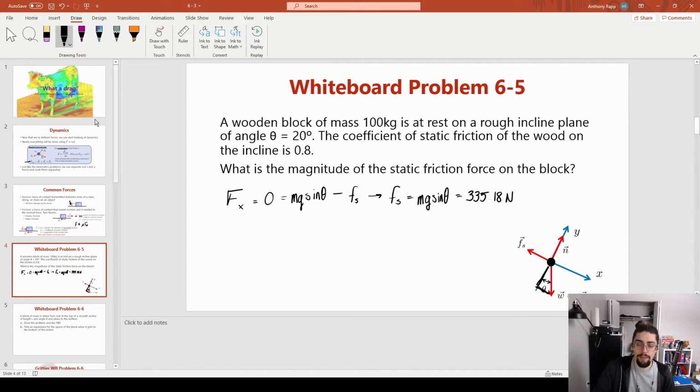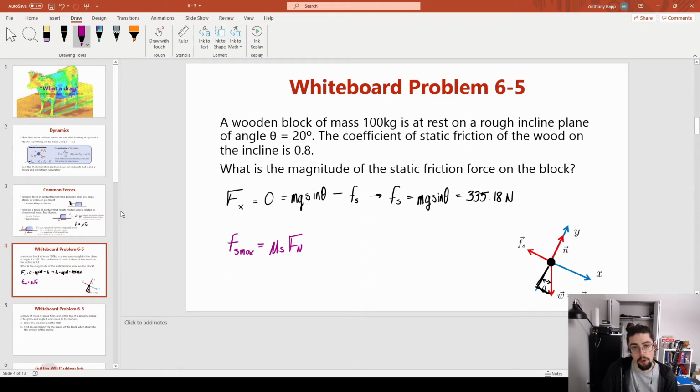If we think about that, then what we really need to do is expand upon thinking about what is the maximum value that the friction force could be. So F of s max is equal to that static coefficient times the normal force.